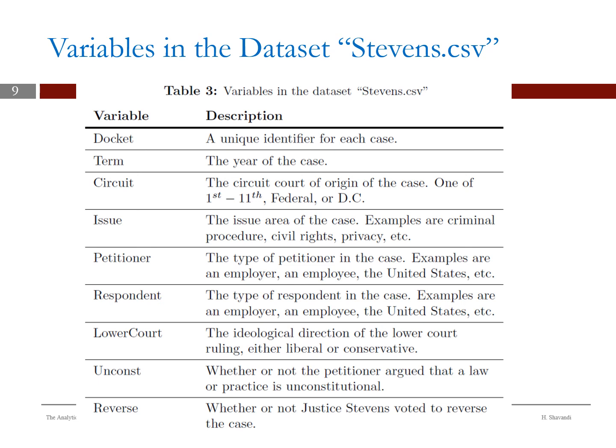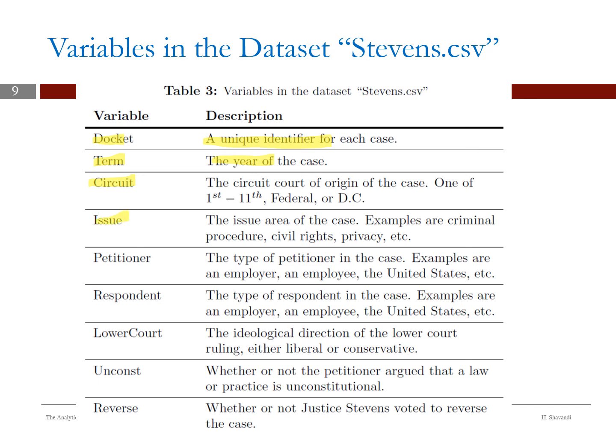Here we see the list of the variables. The docket is a unique identifier for each case, and then the term is the year of the case, and the circuit, which I explained in the previous slide.